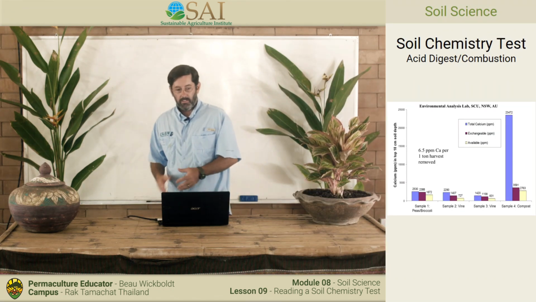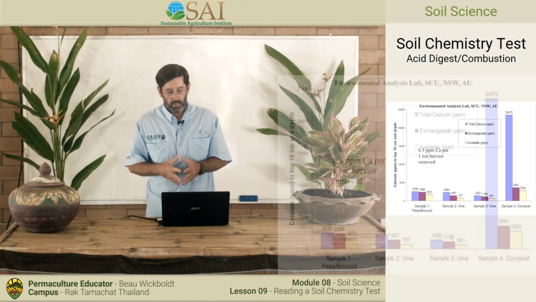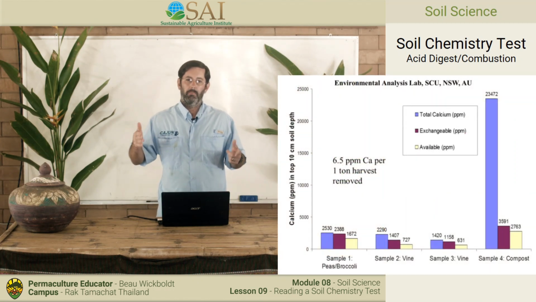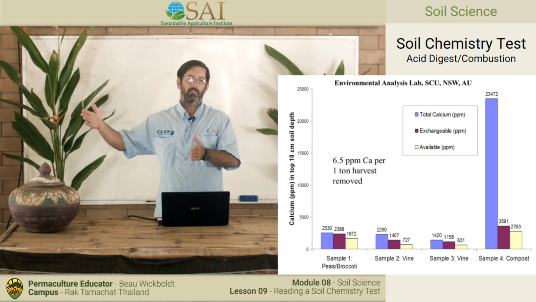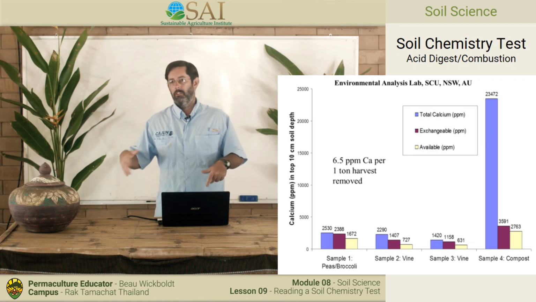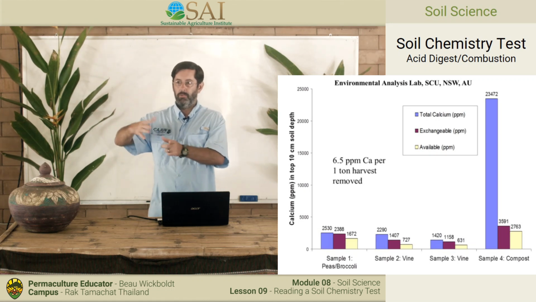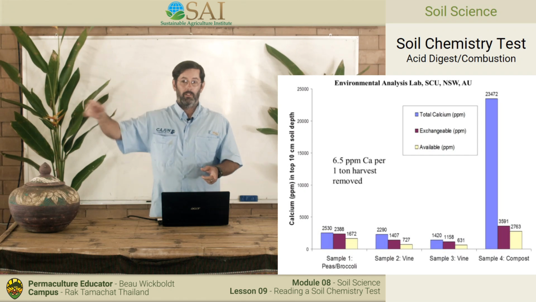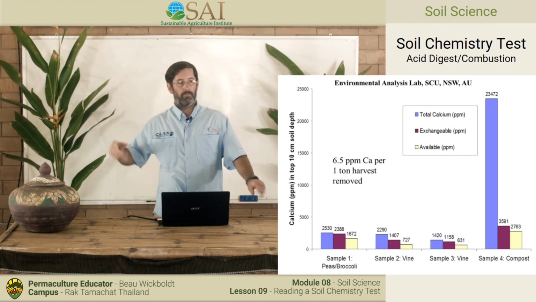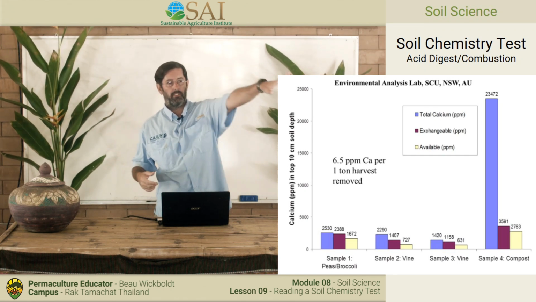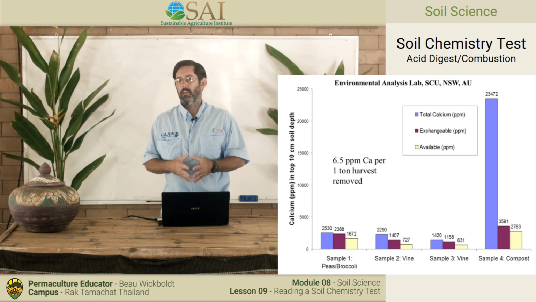Another test, on this particular one, looks at how much of a particular mineral was removed from the soil for a particular crop. So if I grow corn, how much of this mineral would the corn take out this year? Because I'm exporting the mineral: it comes from the soil into the plant, I sell the plant, and the mineral has been exported.